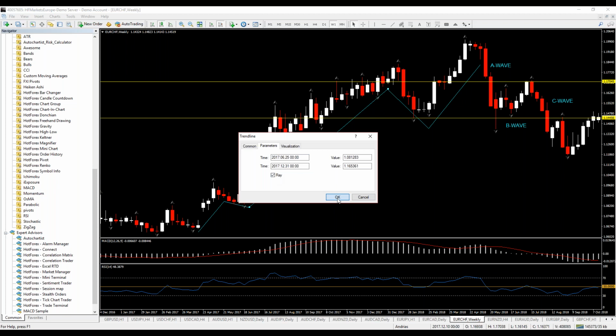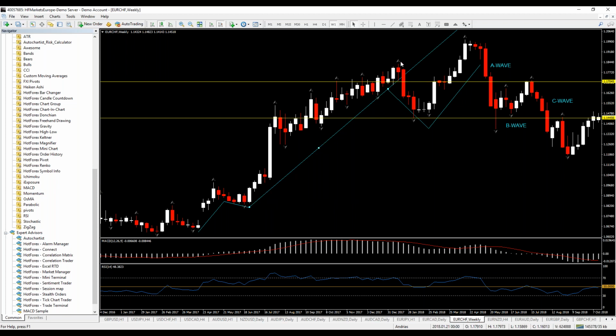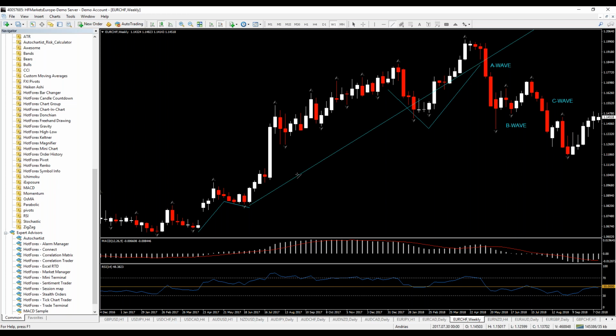If I identify this bearish movement to the downside, you can connect your higher lows over here, and you have a trend line.